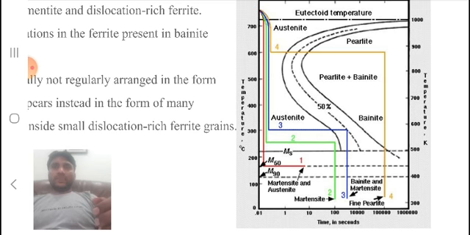So to get the bainite, we need to escape the nose part of the cooling curve. Bainitic microstructure can be easily attained rather than martensitic structure. Particularly, small additions of molybdenum also favor the formation of bainitic structure.